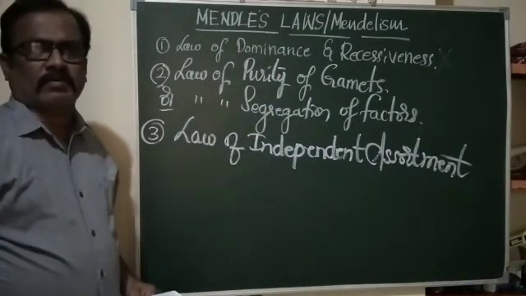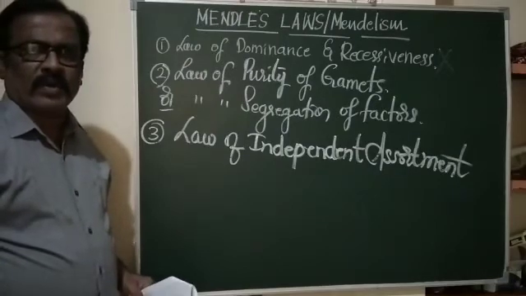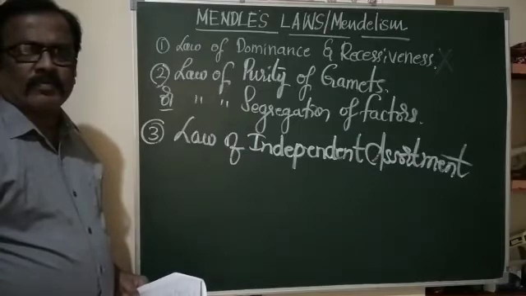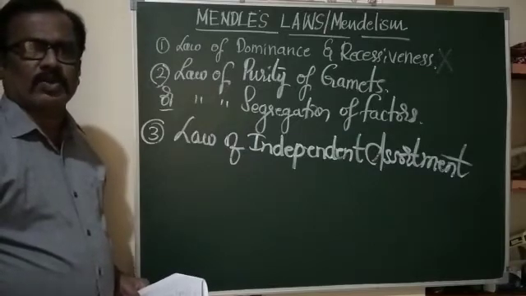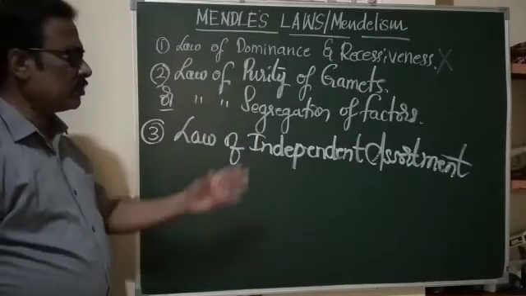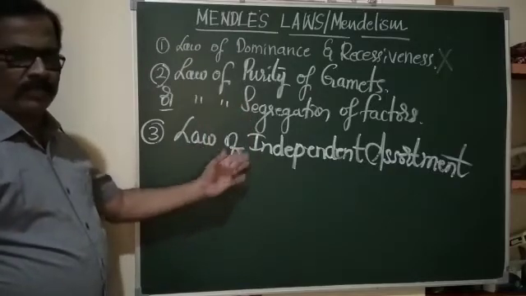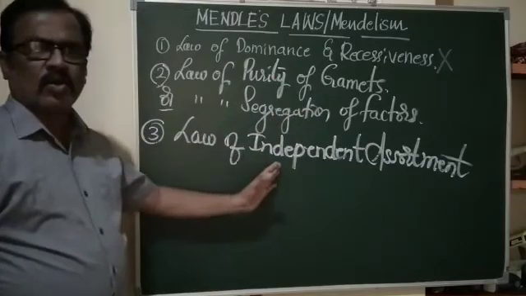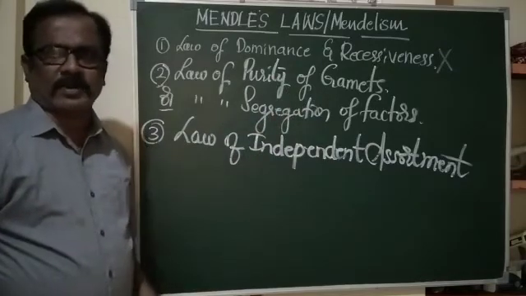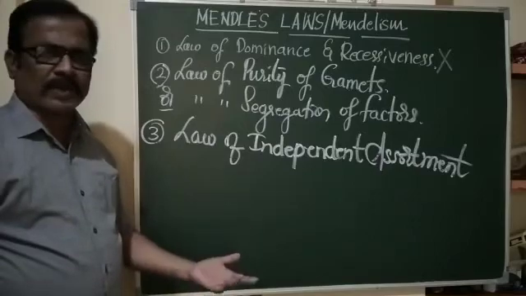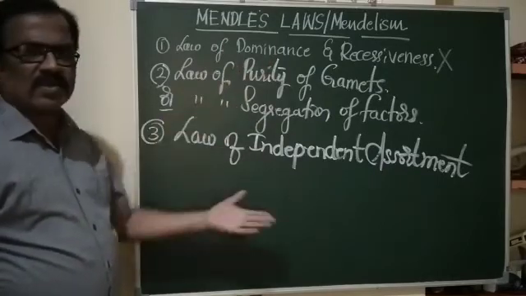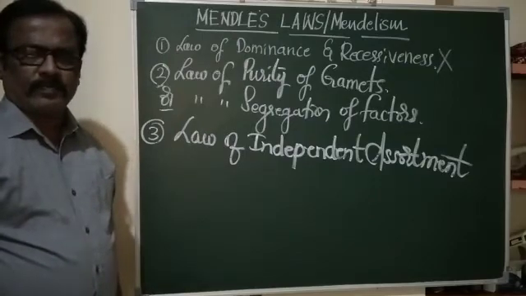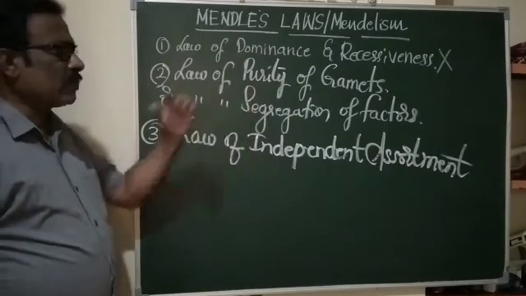It is a condition. So whenever they ask in your examination, briefly explain the laws of Mendel, you write these two laws only. First one is law of purity of gametes. Second one is law of independent assortment. But in some textbooks, they have considered these three as the rules or the principles or the laws.